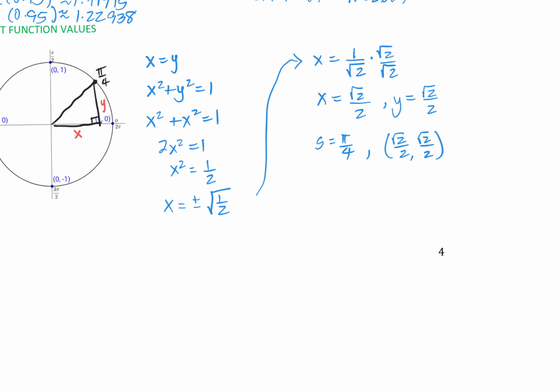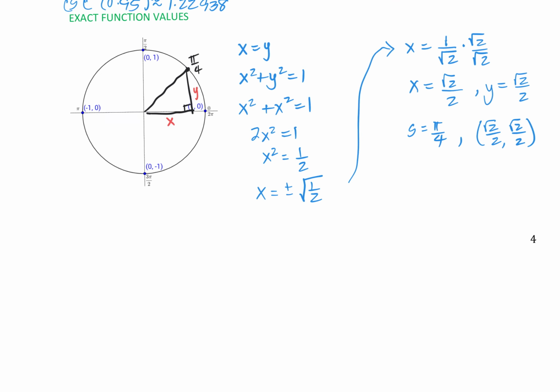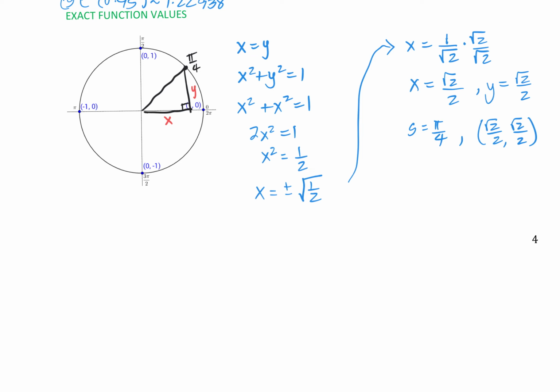So we found one point, so we have exact values for our x and our y, and there are other common values that we use as well. Pi over 4 corresponds to an angle of 45 degrees if I was going to change it.